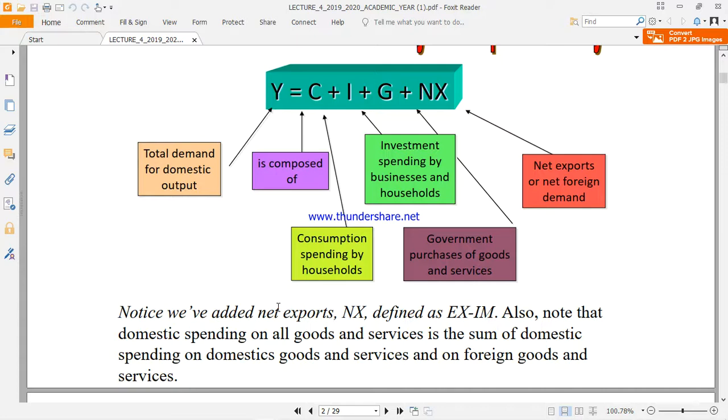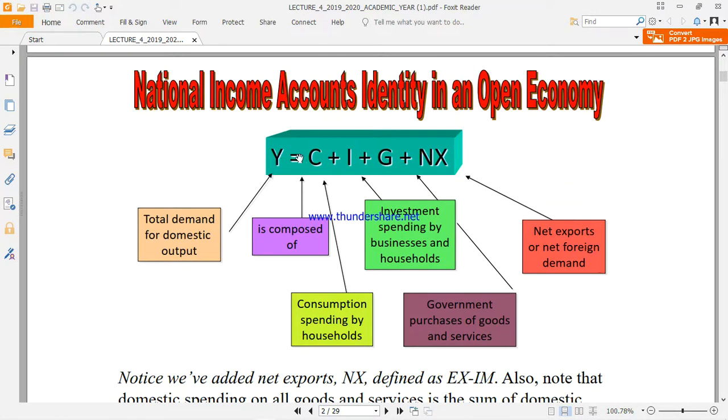Okay, and then we should understand that domestic spending on all goods and services is just the sum of domestic spending on domestic goods and services and on foreign goods. So the demand for domestic output comes first from internal demand, which is consumption plus investment plus government expenditure, and then we also bring in external demand, because the moment we bring in net exports, we are looking at what we demand and what they demand from us.